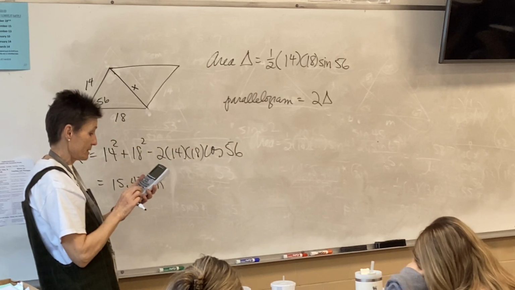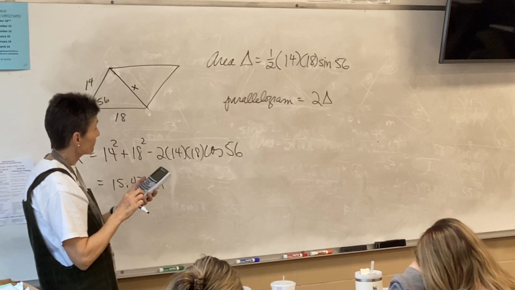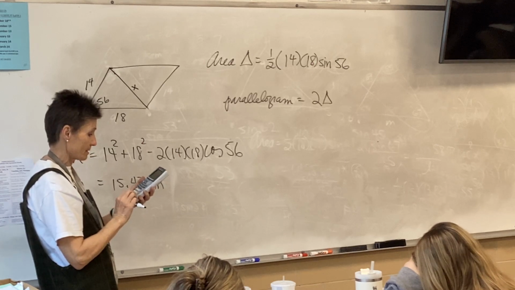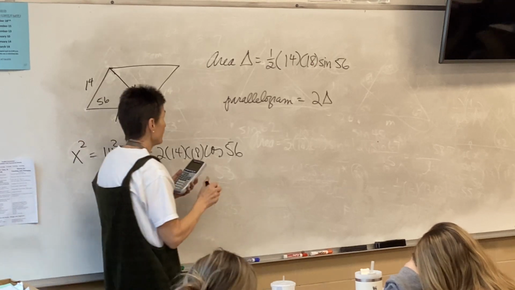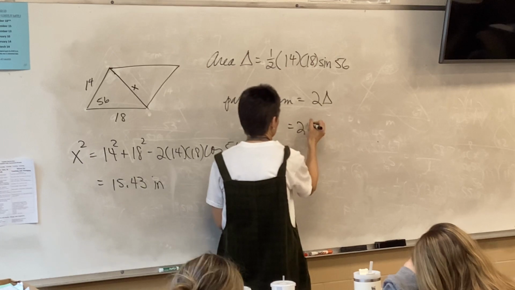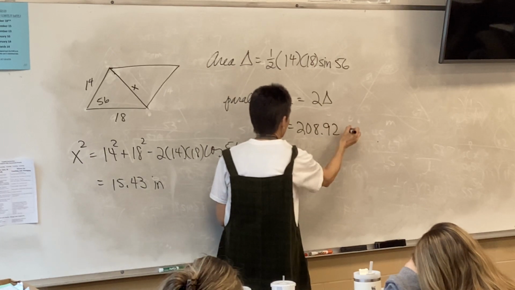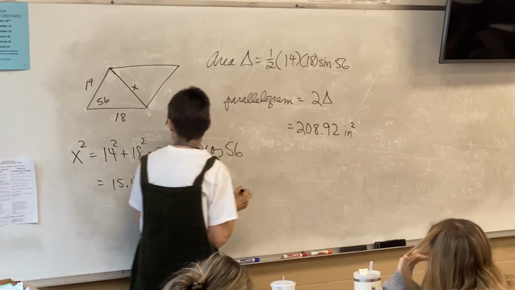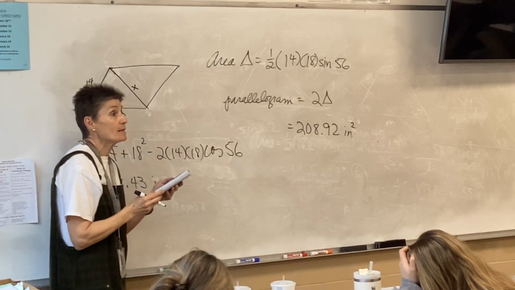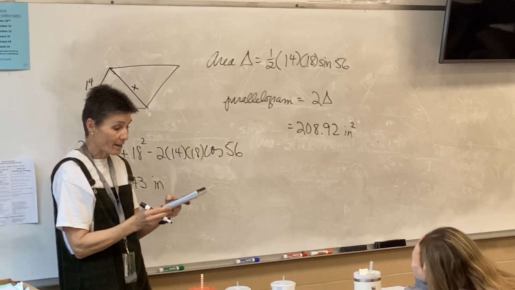So, 14, I got 208.92. And that is square inches. Remember, area is always square units.